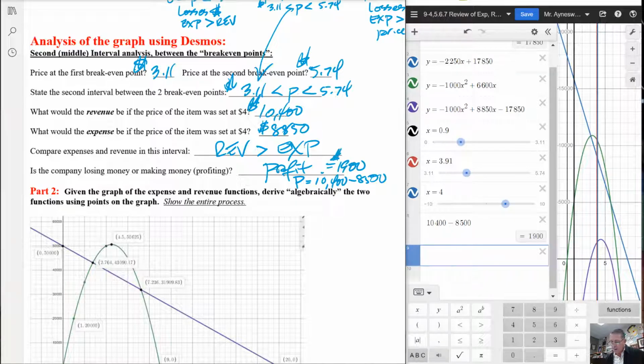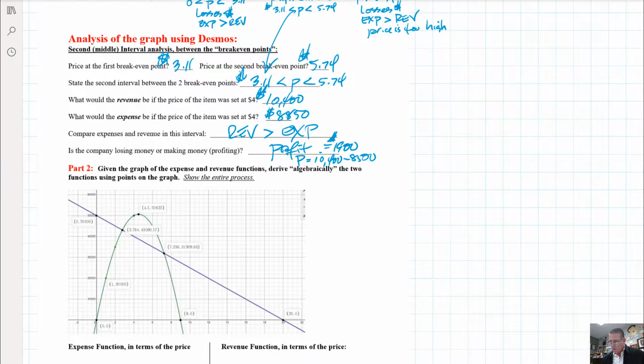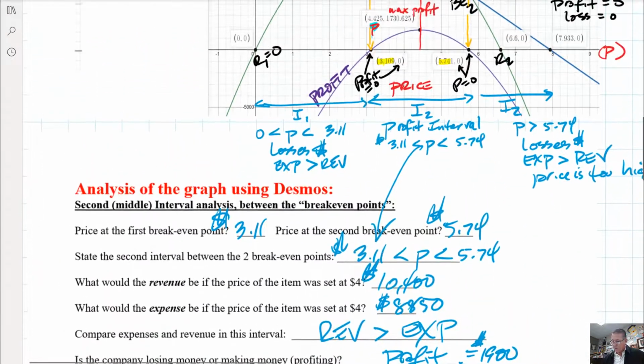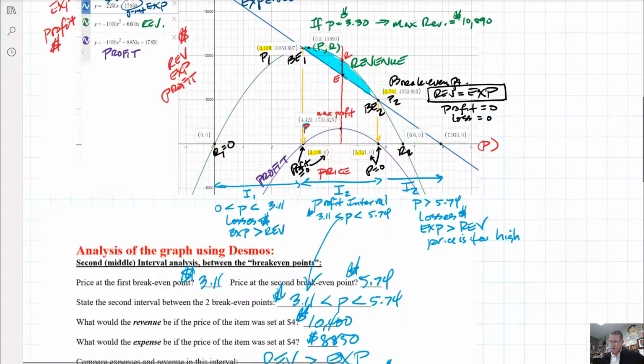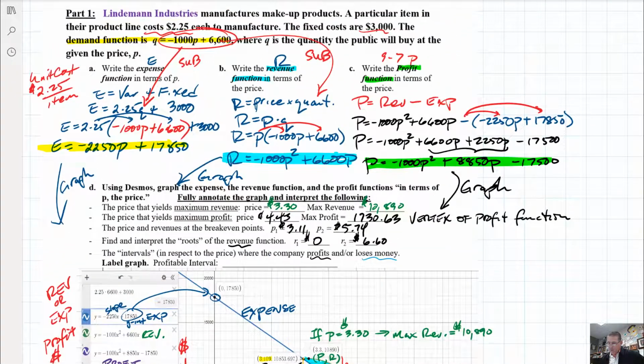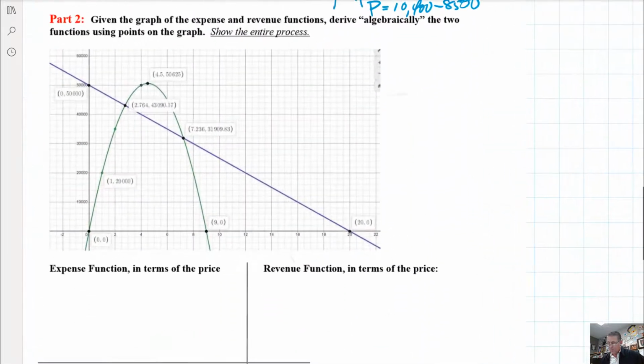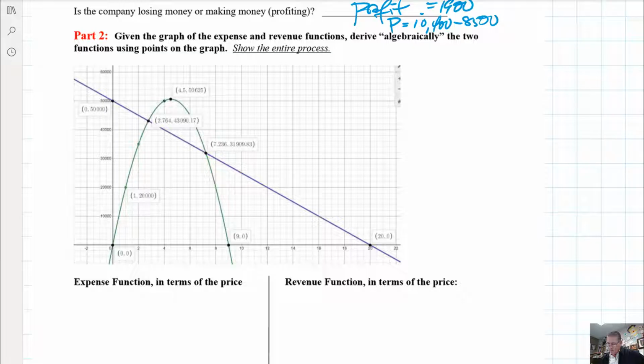That means they're making that much money. And there you go, that's a wrap on part 1 of the problem, and that's how we interpret everything given all 3 functions from the situation. So now what we need to do is take a look at part 2, and we'll continue that in a momento.